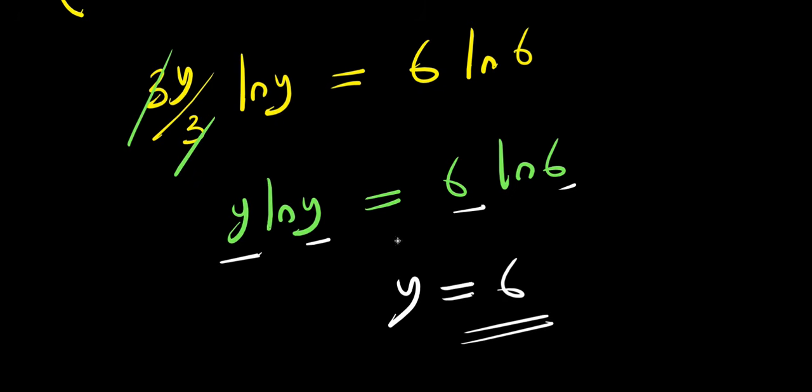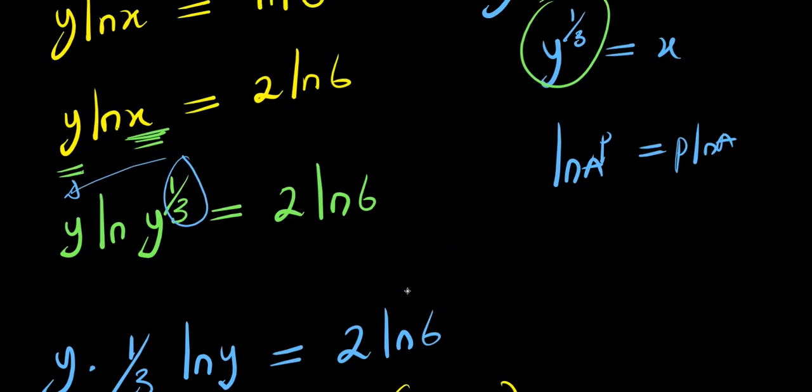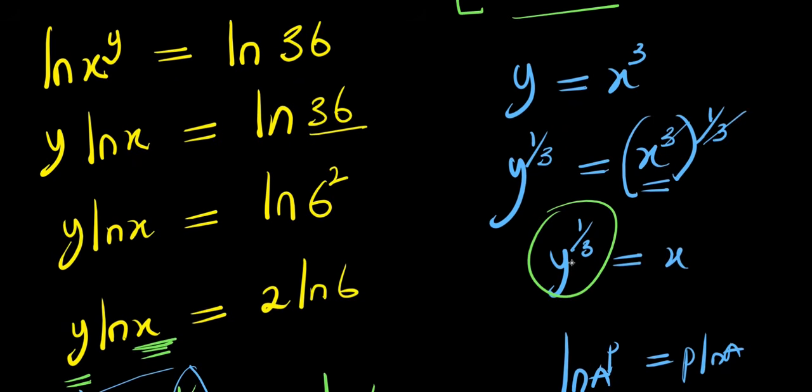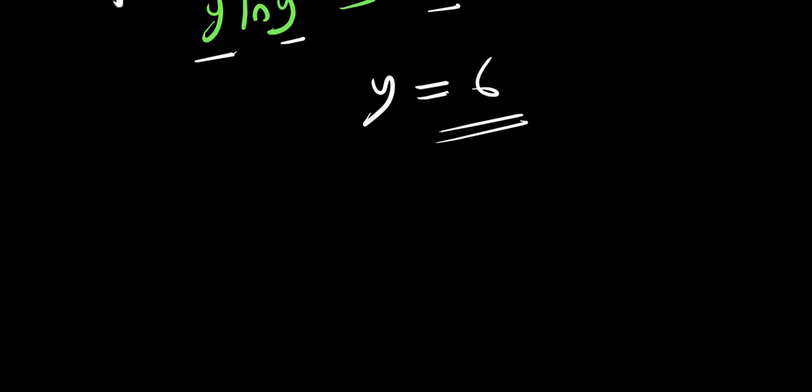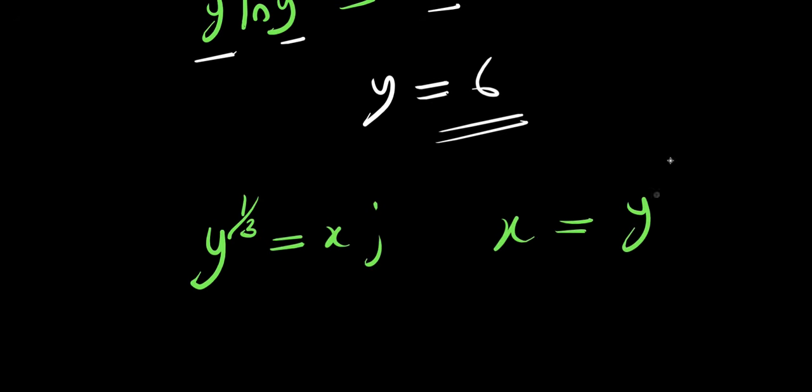If y equals 6, we can simply solve for x, because from here we have y power 1 over 3 equals x. Recall that y power 1 over 3 equals x, and that means x equals y power 1 over 3, and y is 6, so we have x equals 6 power 1 over 3.